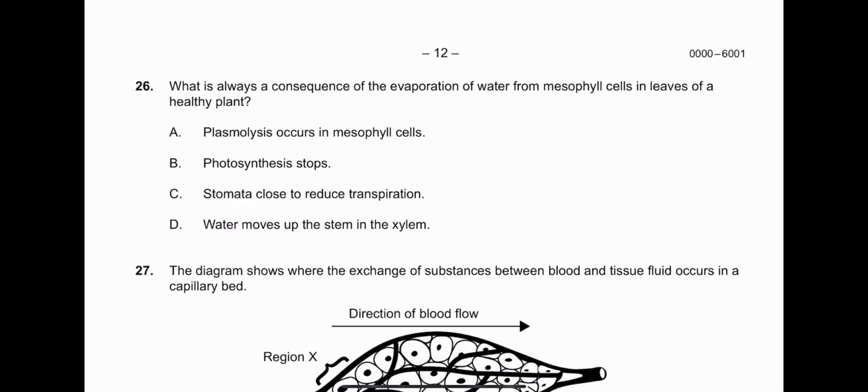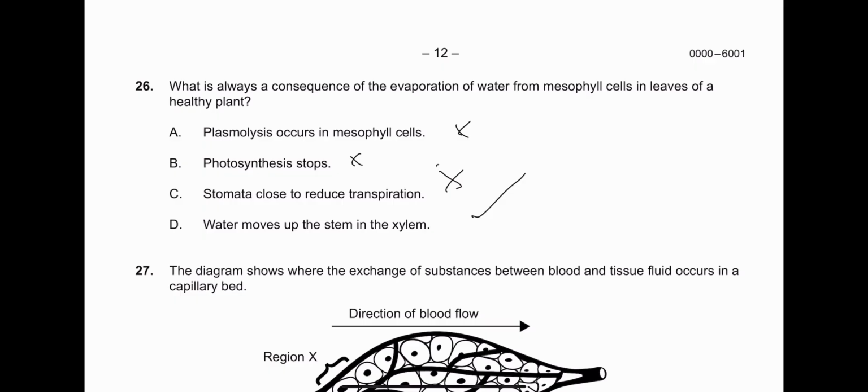What is always a consequence of the evaporation of water from mesophyll cells in leaves of a healthy plant? Plasmolysis occurs in mesophyll cells, not a consequence. That photosynthesis stops does not happen when water evaporates. Stomata close to reduce transpiration, no. Water moves up the stem in the xylem, yes.